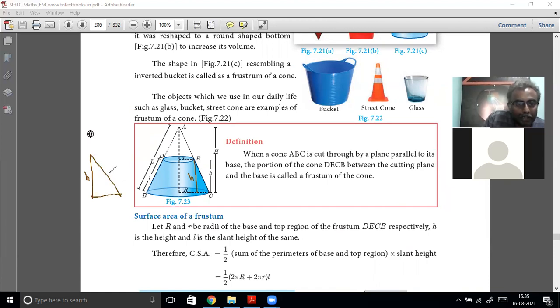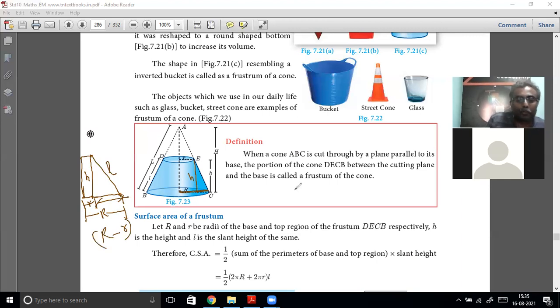The slant height is L, and this distance is big R minus small r.